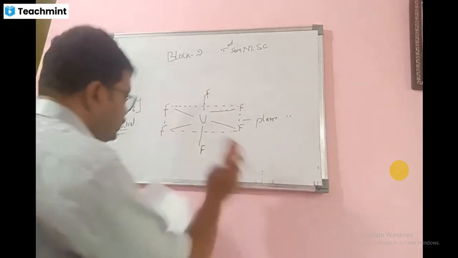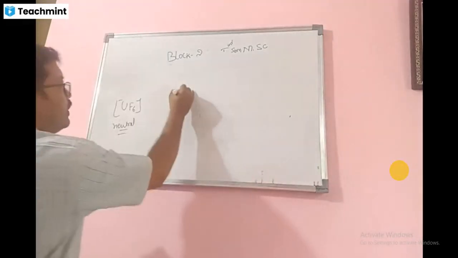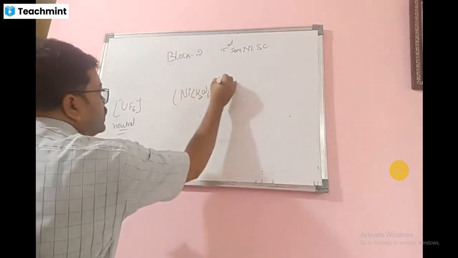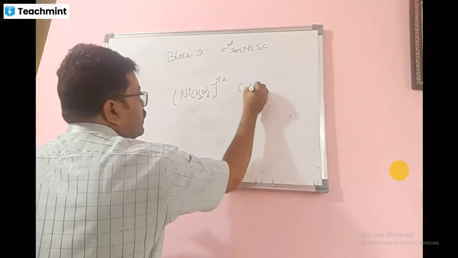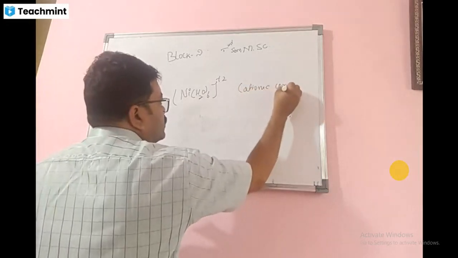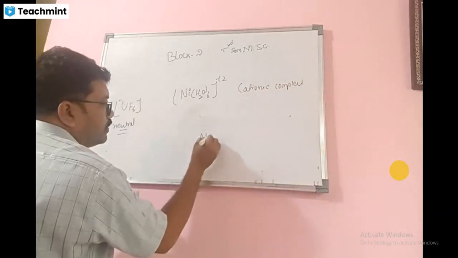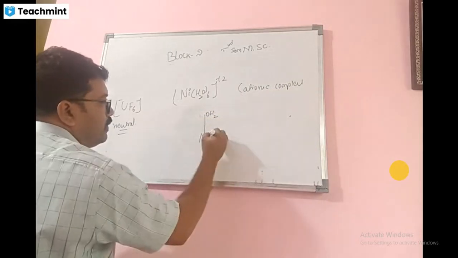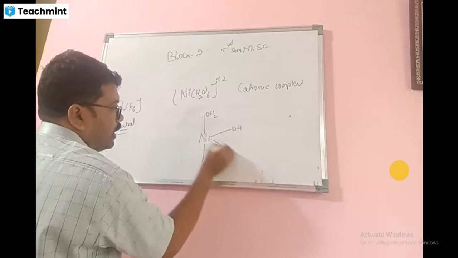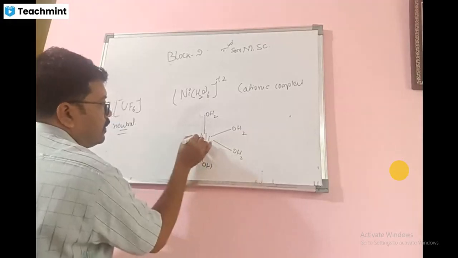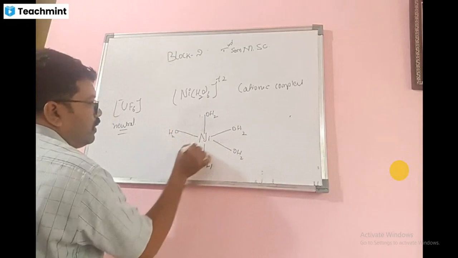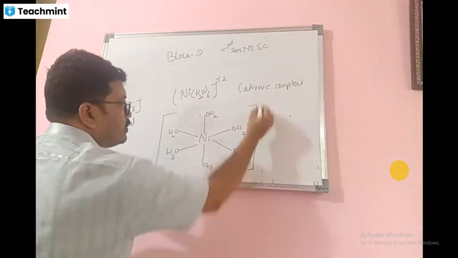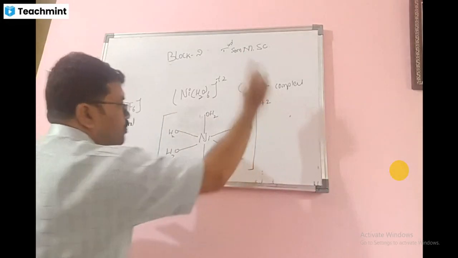So in case of positive, nickel with H2O is present. This is a cationic complex. The charge in parenthesis is plus 2.